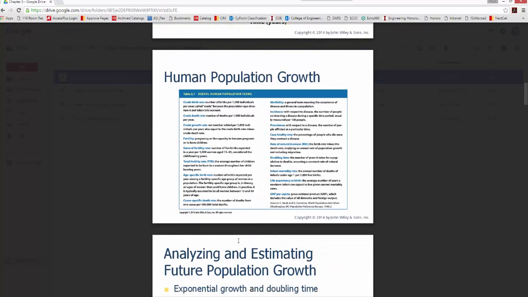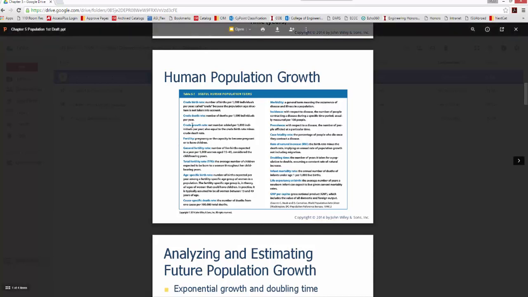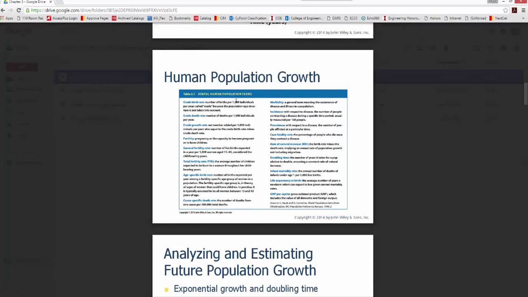Now, in your textbook, Table 5.1, there are some terms that you need to be familiar with. I'm not going to go through all of these, but I'll go through a couple of them. One is called the crude birth rate. So basically, it's the number of births per 1,000 individuals per year. Now, again, recall when we're talking about population dynamics, when we give numbers, we're typically talking per 1,000 individuals.